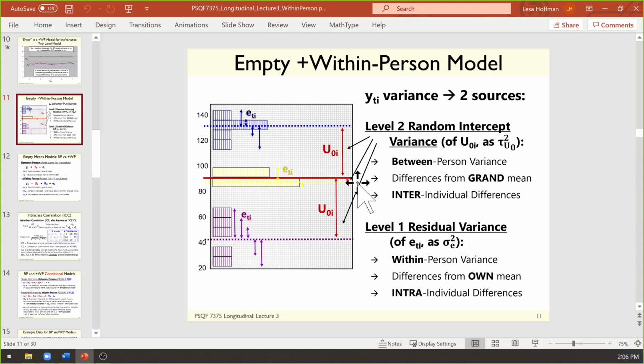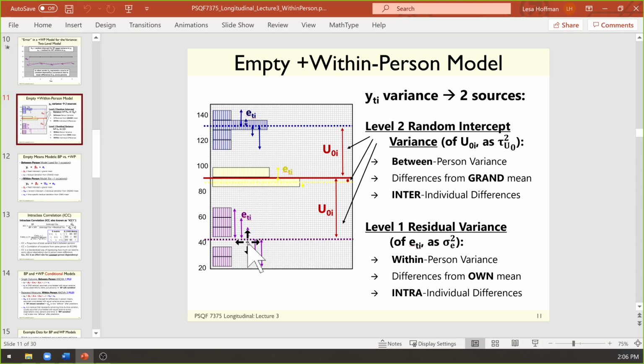So why do people have different means? Why are some people higher or lower all the time? That would be explained by fixed effects of time invariant level 2 between person cross-sectional predictors, inter-individual differences, as it were. Whereas within a person, so once you pick up your U0 and get down to your person mean, ETI picks up what's left. Why are you off your mean today? So why is today different than yesterday?